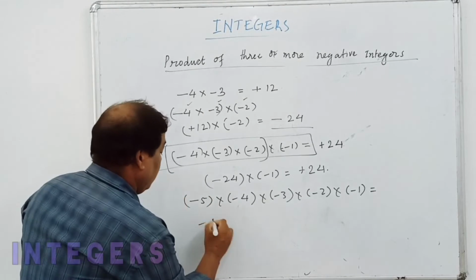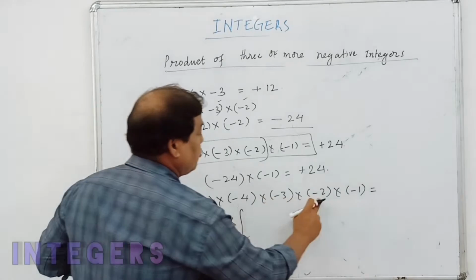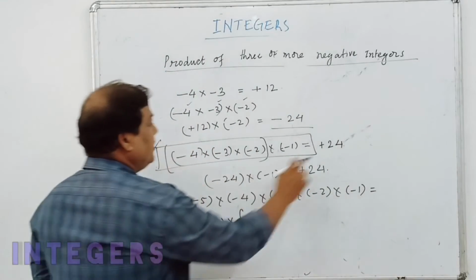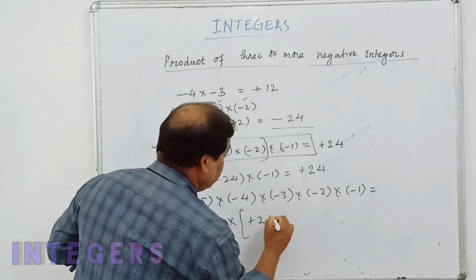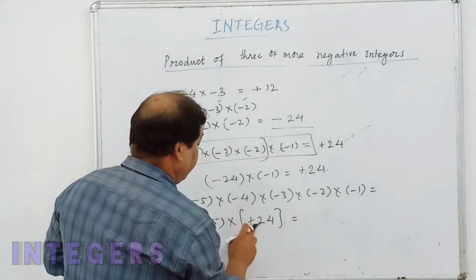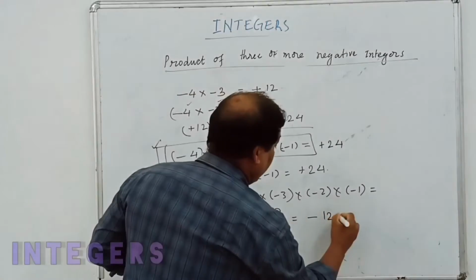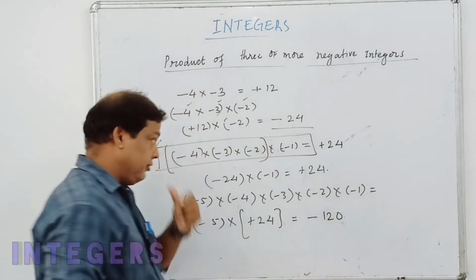We multiply minus 5 with minus 4, minus 3, minus 2, minus 1. We already have 24, so a negative sign and a positive sign make a negative sign. 24 times 5 is 120, and it is negative.